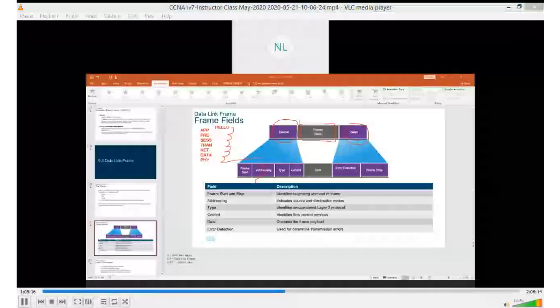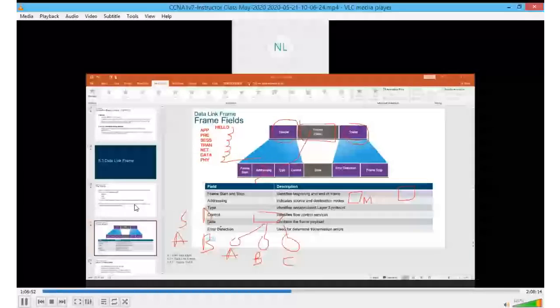So this guy will have a MAC address, and this guy will have a MAC address. If you have a switch connecting a PC, another PC, and another PC, and the MAC address here is A, here is B, and here is C, then when it's transmitting to B, in the data link layer it will say the source MAC address is A and the destination MAC address is B. I hope you're good.